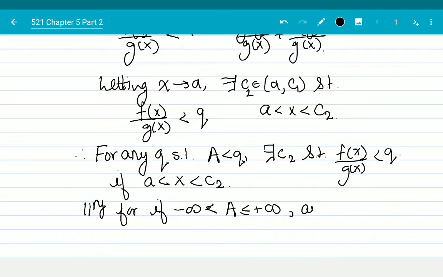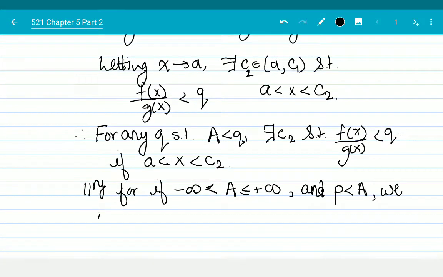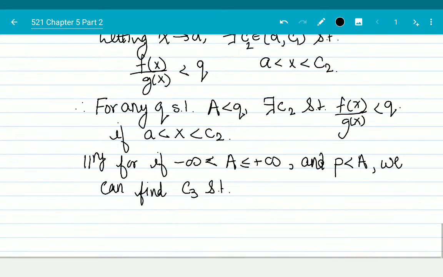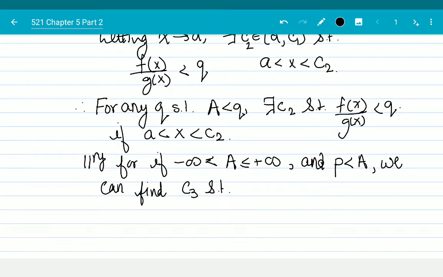We can show, and p smaller than a, we can find a c3 such that p smaller than f of x over g of x for a smaller than x smaller than c3.